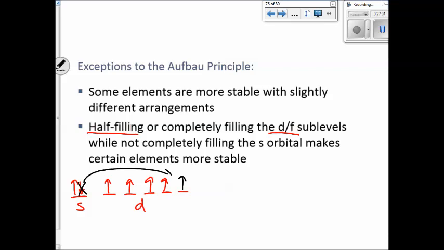Okay, to space it out more. Less electron repulsions, I guess, is probably why it would do this. Now, this also works for the completely filling ones. Instead of having 9 in the D, it'll take 1 out of the S and stick it in there and make 10 in the D.